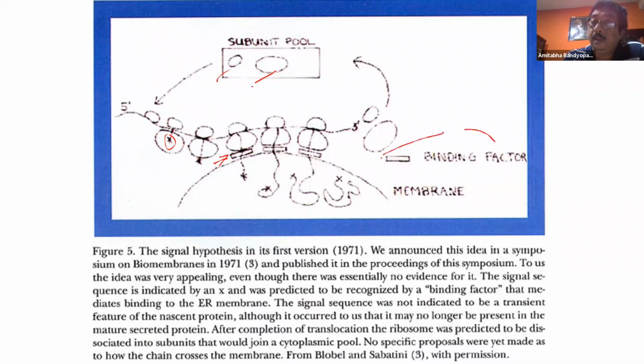This binding factor will bind only to those proteins that have this, and then it will tether it to the membrane, and then it will be vectorially injected inside the membrane, and then the protein synthesis will end, and the small and large ribosomal subunits will come apart and become part of the pool, and this will keep on happening.